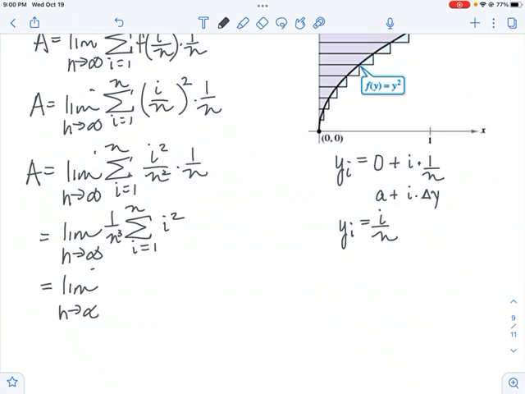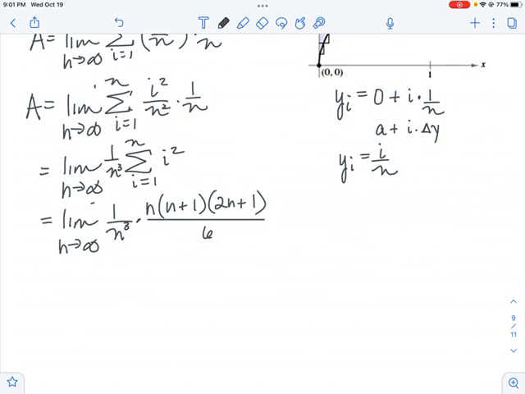Okay, so with this we get the limit as n approaches infinity of 1 over n cubed, and then I'm just going to multiply times n plus 1 times 2n plus 1 over 6. And so you can see that the focus here is the leading terms of that polynomial, right?